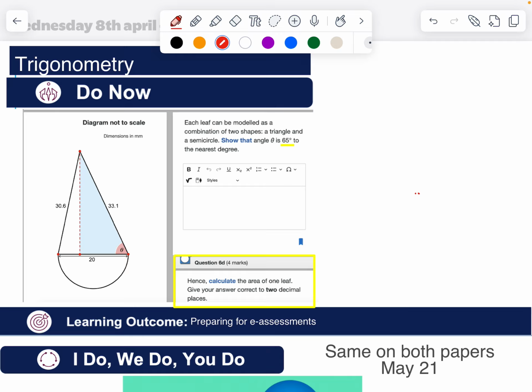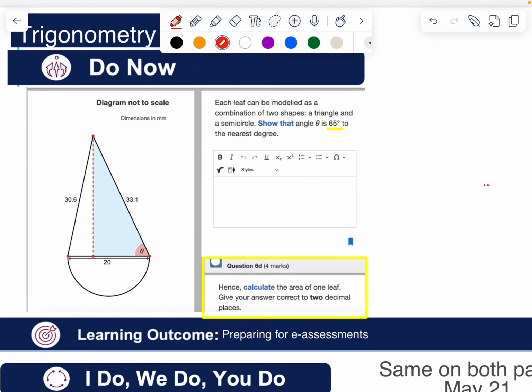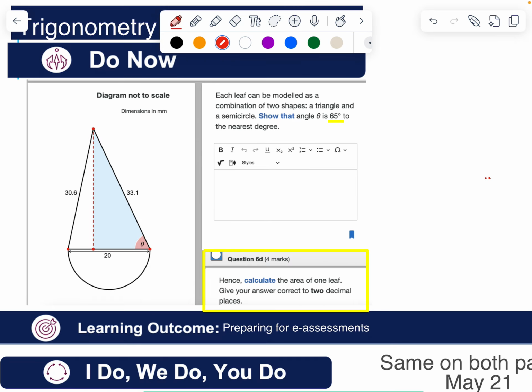So the first thing is, this question was taken from the assess prep task from yesterday. You need to go and make sure you do the 2 November assess prep tasks, November 25, get them done. This was the biggest question that came up in terms of people either getting it wrong or leaving it blank. The reason I want to bring it up today is because it comes up time and time again.